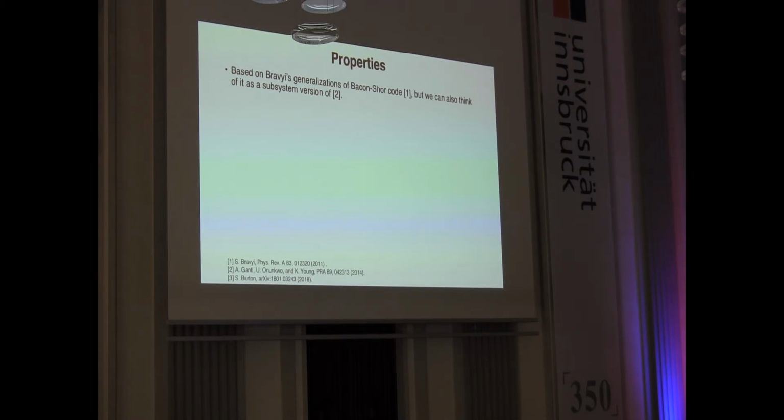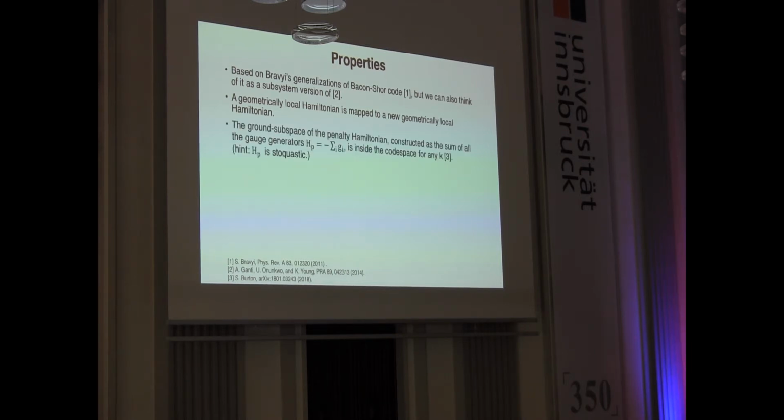Basically, we can think of this as a subsystem version of the Gottesman code for those people who are familiar with it, but it's not important here. A geometrically local Hamiltonian using this construction would be mapped to a geometrically local Hamiltonian. This is a property that we want.